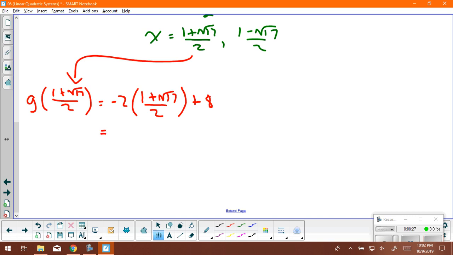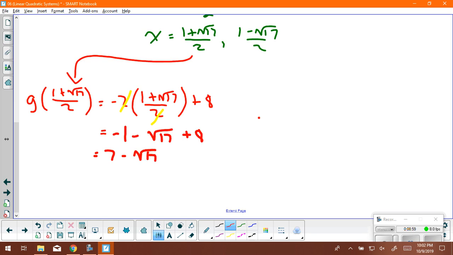Thankfully this works out kind of nice here. I have 2 divided by 2, so I've got negative 1 minus root 17, and then plus 8. So I have 7 minus the square root of 17.